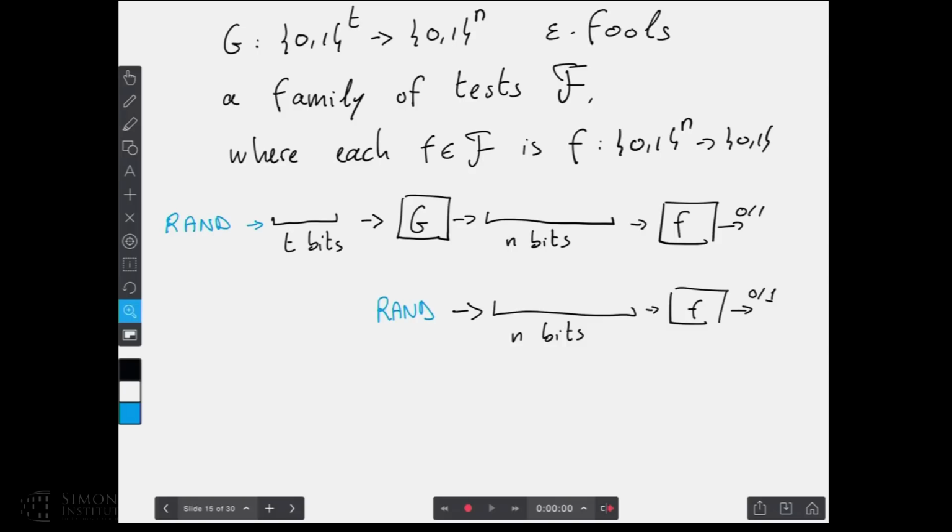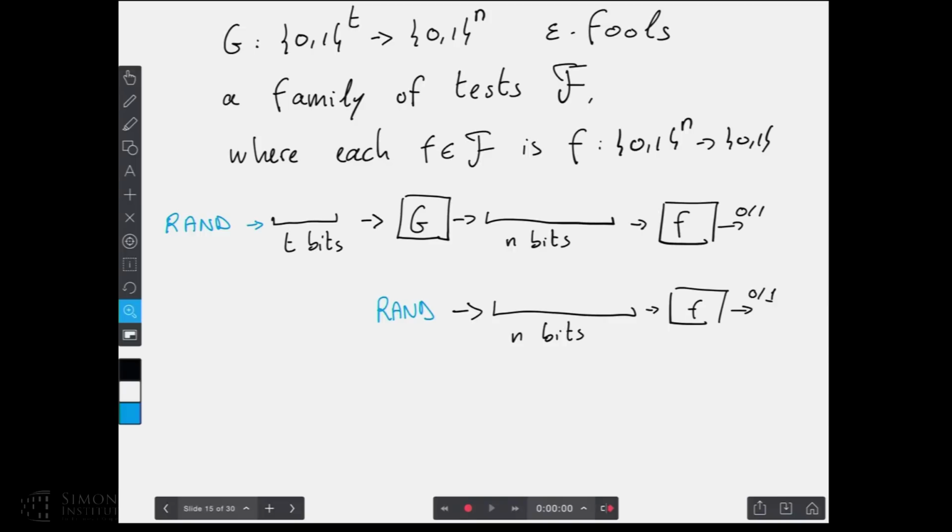The more general the family of statistical tests for which we can get them, the better. In general, it's good if it works for the family of statistical tests that make sense in our applications. And it's also good when this parameter epsilon is small, although usually once you get epsilon to be something like 1%, there is some way of getting an arbitrarily small one.